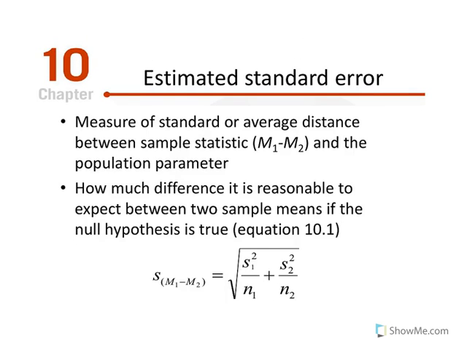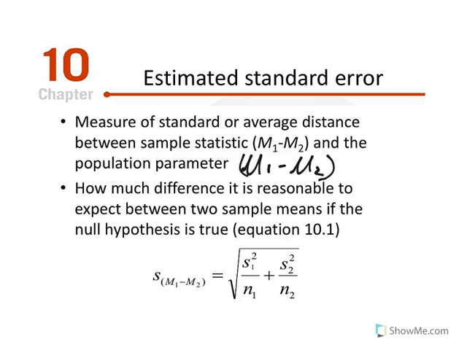The estimated standard error is a measure of standard or average difference between sample statistic M1 minus M2 and the population parameter mu1 minus mu2. So again, we've learned what standard deviation was. Standard deviation is the average difference between x values and the mean of a distribution. We learned what the standard error was equal to. Standard error was the average difference between a sample mean and population mean.